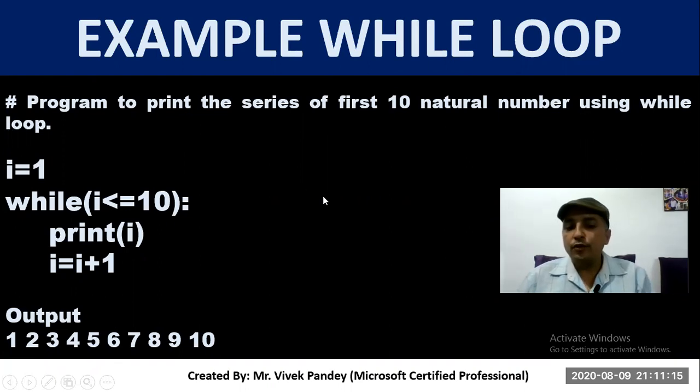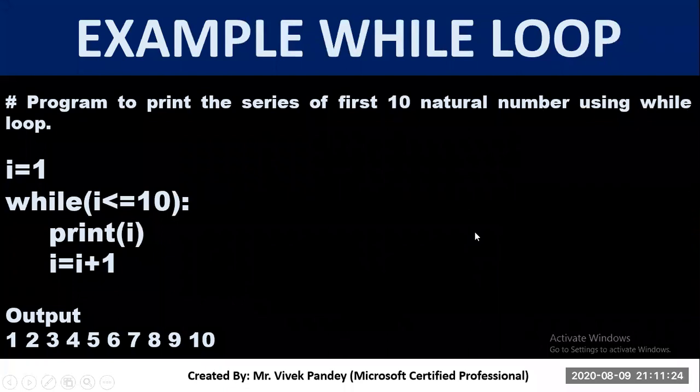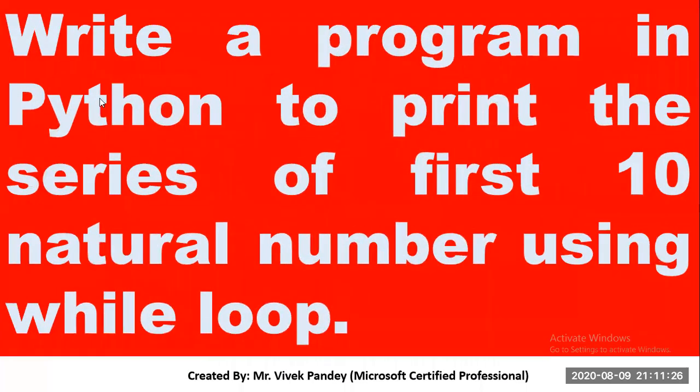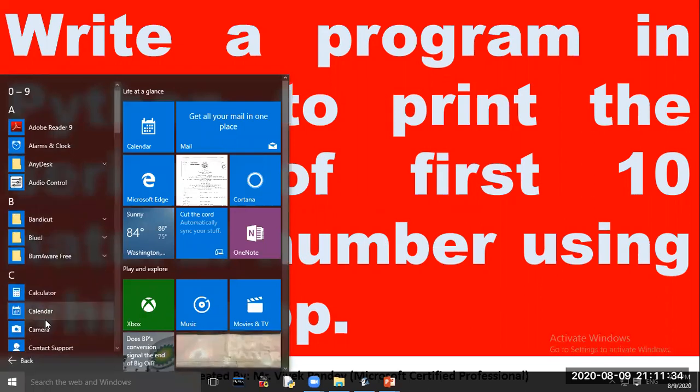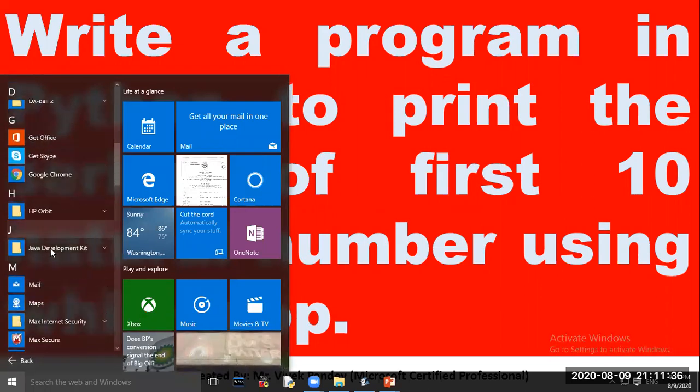Now I am going to give you a practical demonstration of how to make programs using the while loop. Our first program is to write a program in Python to print the series of first 10 natural numbers using a while loop. So open Python software.